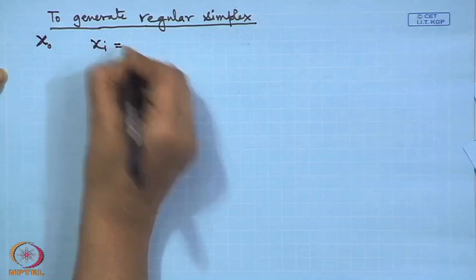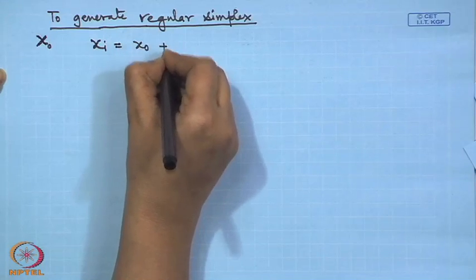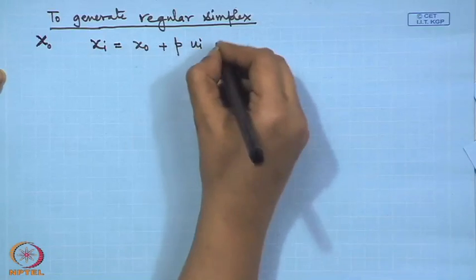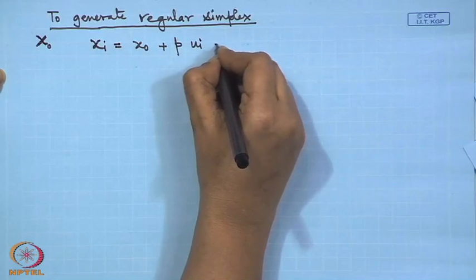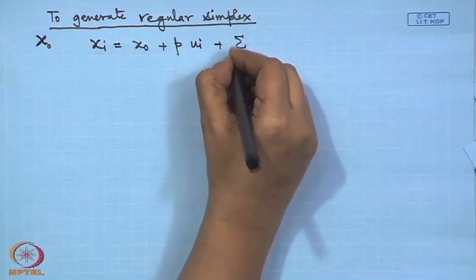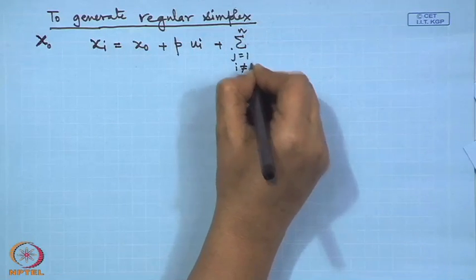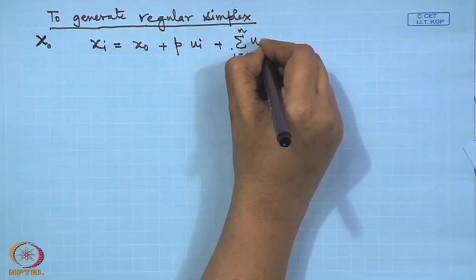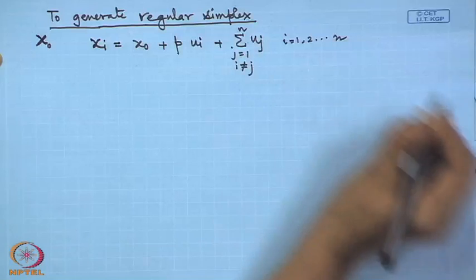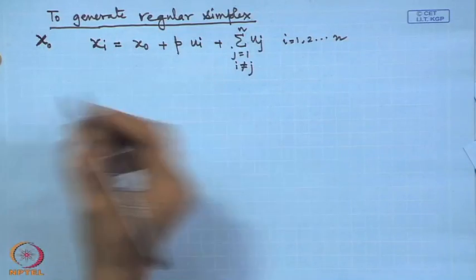Let me consider xi, where i runs from 1 to n. xi is equal to x0 plus p into ei, plus the sum over j equal to 1 to n, j not equal to i, of q into ej. Considering i equal to 1 to n, only then we will get n plus 1 number of points in the simplex, because we have x0 and we will generate another n points.